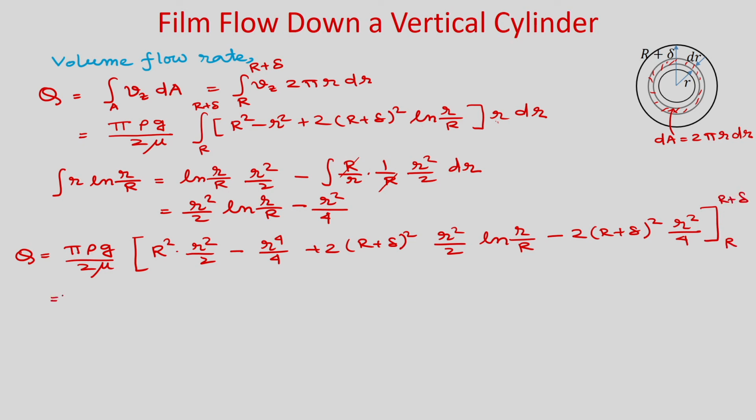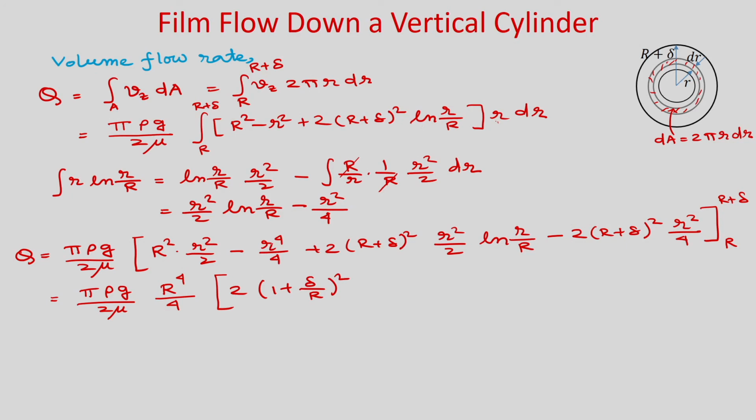Okay. Now, if you put the limits, you can see that it will be r plus delta whole square minus r square. So, everywhere if you take pi rho g by twice mu, you take r to the power 4 by 4 outside the bracket. Okay. So, then you can write, you can see it will be just, so 2 into 1 plus delta by r square.